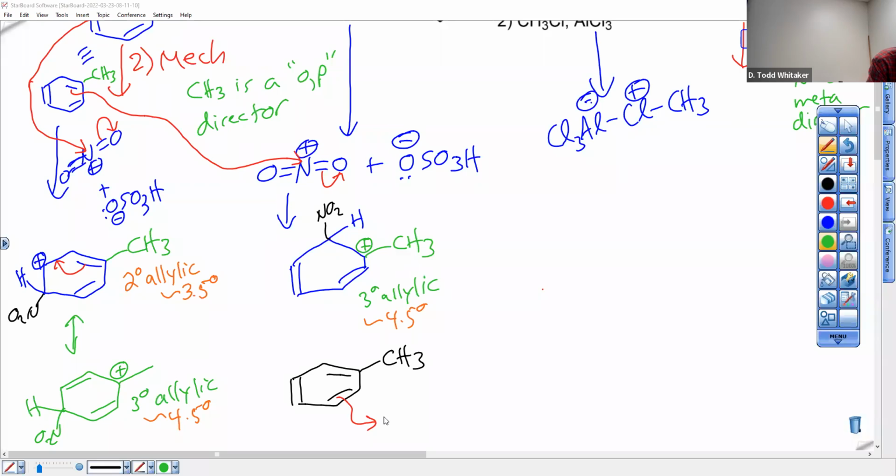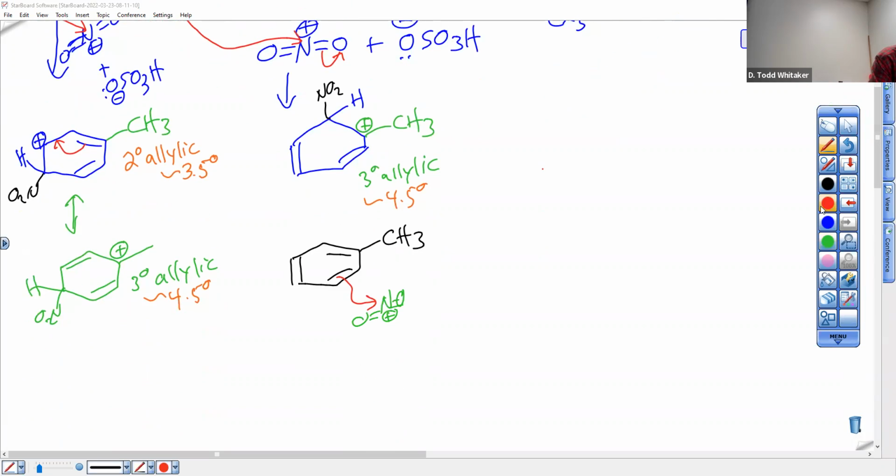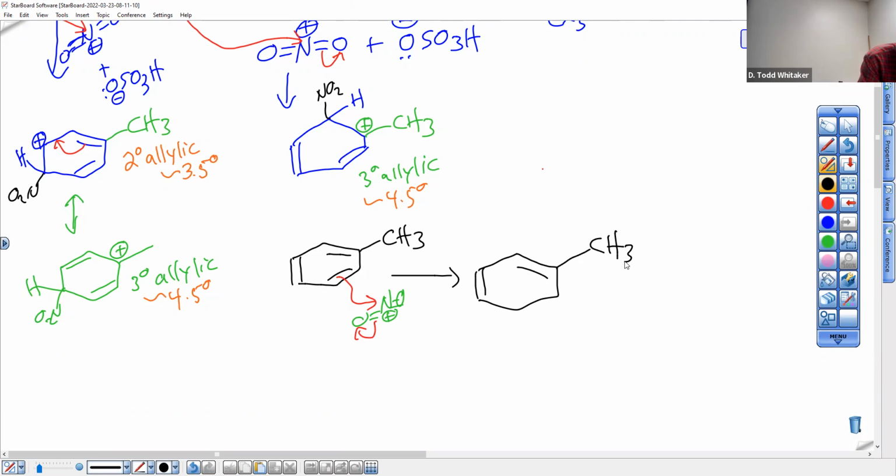They both are attached to a meta carbon. Sorry, it just looks sketchy, that's all. Here's the hypothetical meta mechanism. Hypothetical because you won't get any of it. You won't get any of it for reasons I will discuss right now.